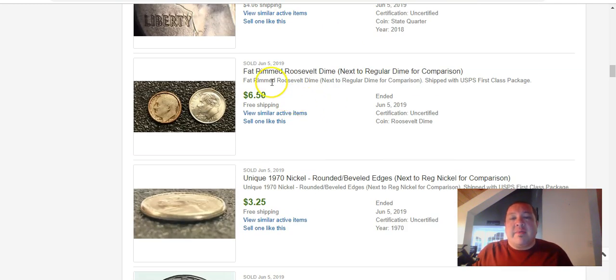Okay, so this one right here, it says fat rimmed Roosevelt dime next to regular dime for comparison. So the coin that you see here, okay, that looks a lot smaller, that's postman damage. Okay, the coin was either spooned or it was stuck in a centrifugal motor. You know, the same motor that's used to kind of sort out coins, either in a Coinstar or one of those coin sorters that you see at the bank.